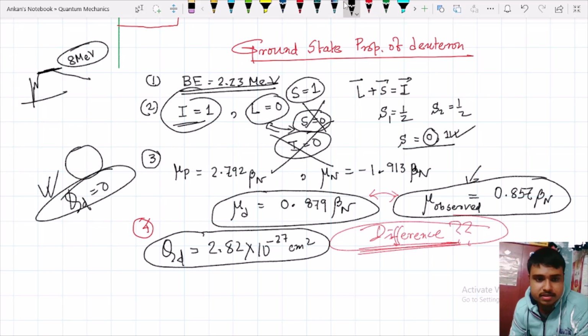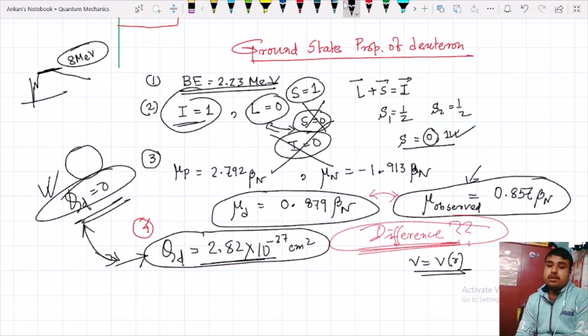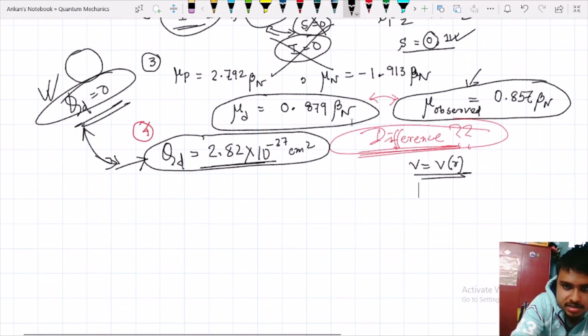So for the deuteron nucleus there should be zero quadrupole moment, but the value observed from different experiments is very small but not at all 0. So there is also a huge discrepancy in the model. Whatever we took into account, that V is a function of R only, that is spherically symmetric, is not truly possible. It may be partially possible but not truly possible. We will see later what occurs there.